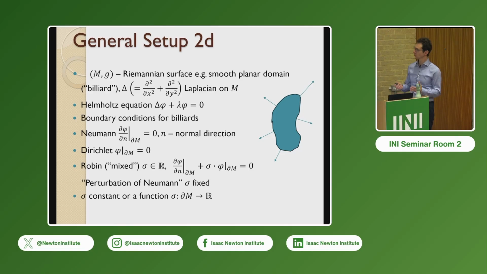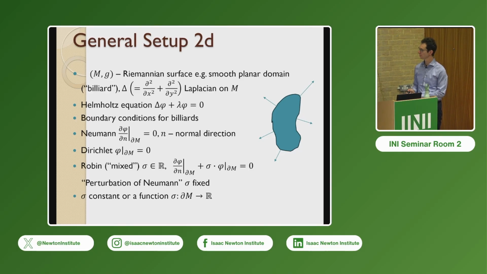But there is also the Robin or mixed condition, so we choose sigma. Let's think of sigma as just, say, a positive number. So we take this linear combination of the values at the boundary plus the values of the normal derivative at the boundary, with sigma multiplying the Dirichlet part. It has to vanish at the boundary.